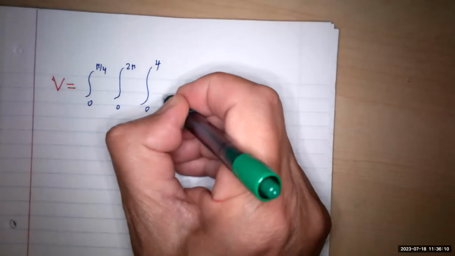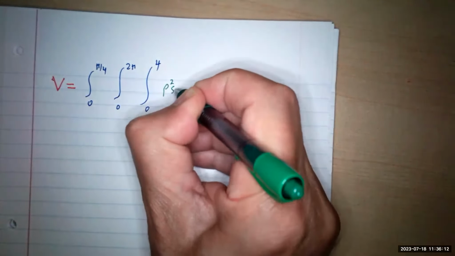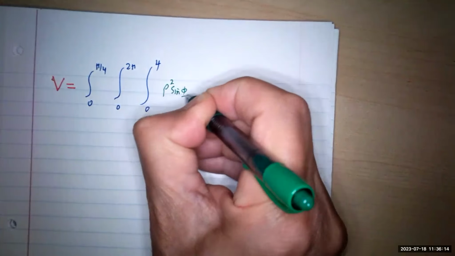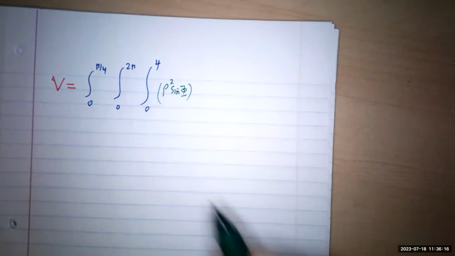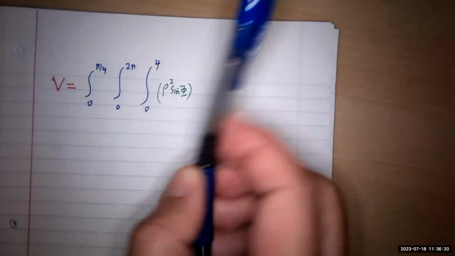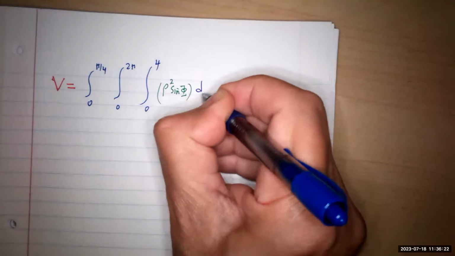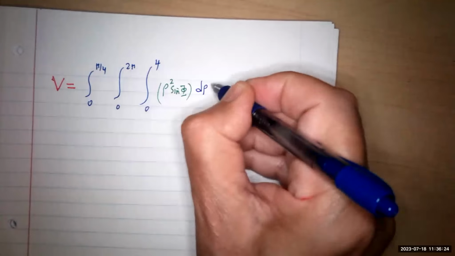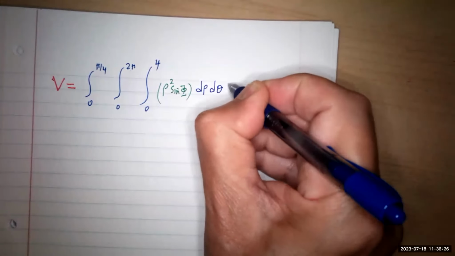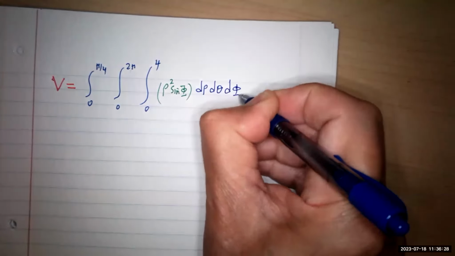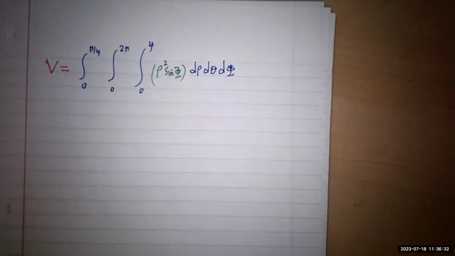Okay, extra term, the Jacobian, rho squared sine of phi for the spherical coordinates, and the rest are just, we go with rho first, so d rho, d theta, and then d phi. You can switch theta and phi, it doesn't matter which one goes first. Any question?